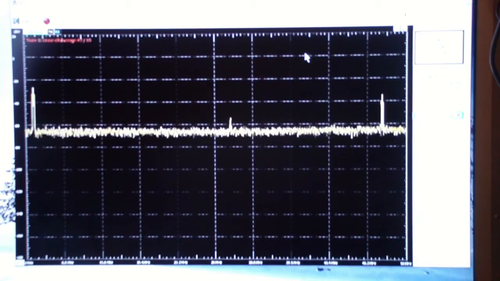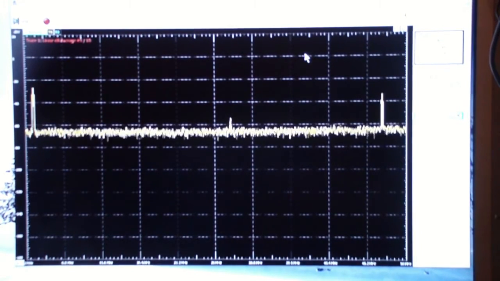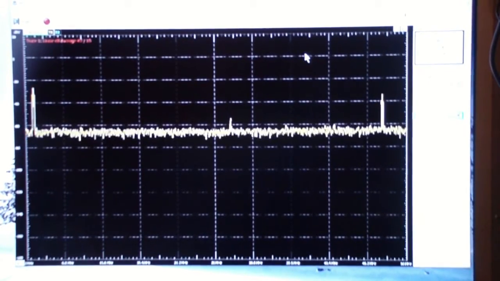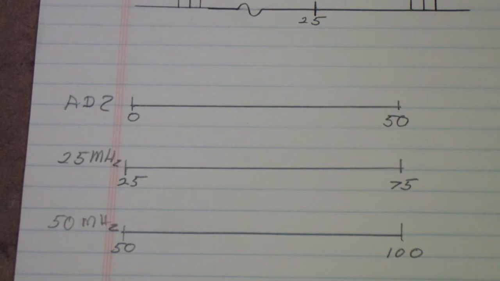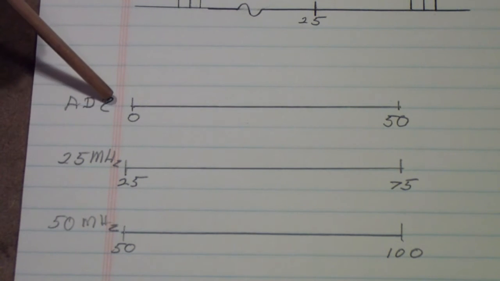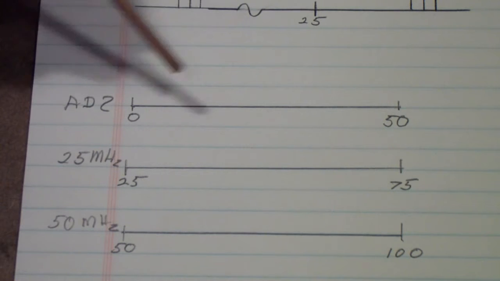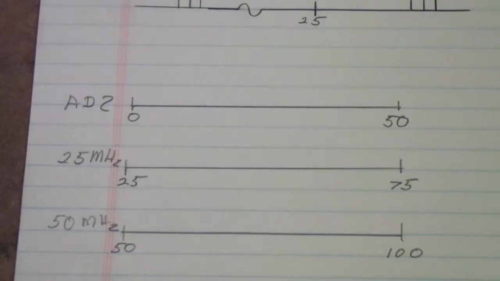So let's look at that on a diagram in case that's not clear what we're doing. And then I'll talk about how you can extend this to a wide variety of other frequency ranges. So here's the basic idea. The Analog Discovery 2 has a fundamental range, for its spectrum analyzer, of 0 to 50 megahertz.